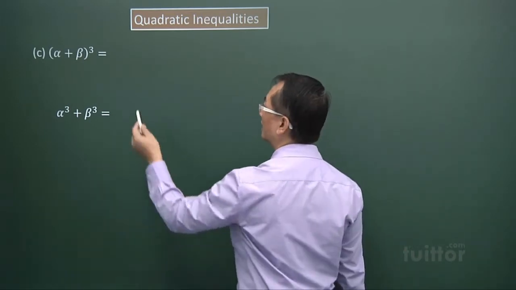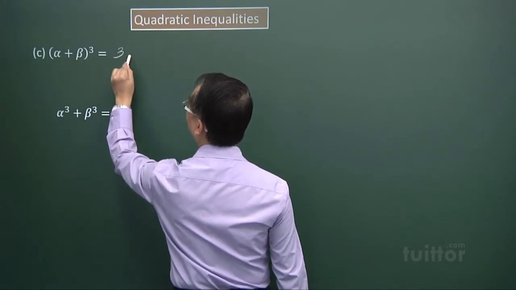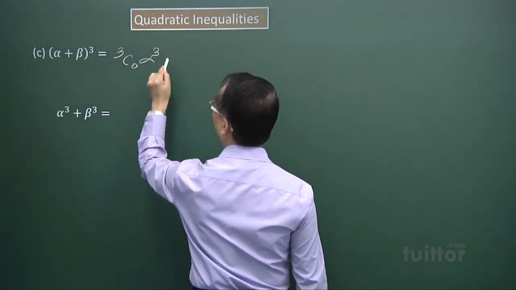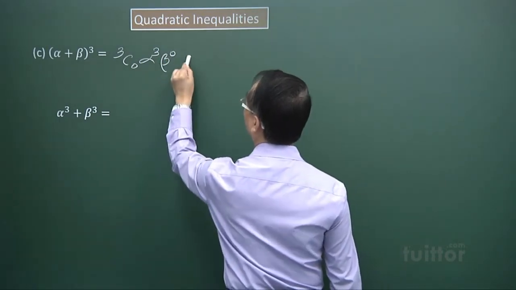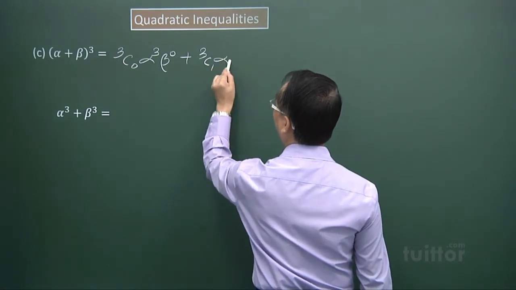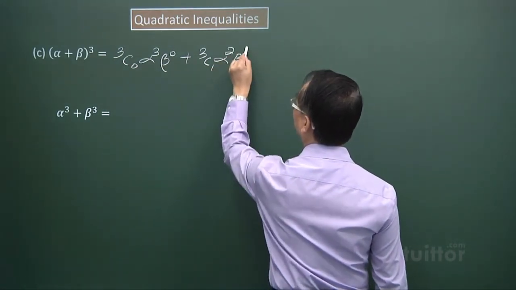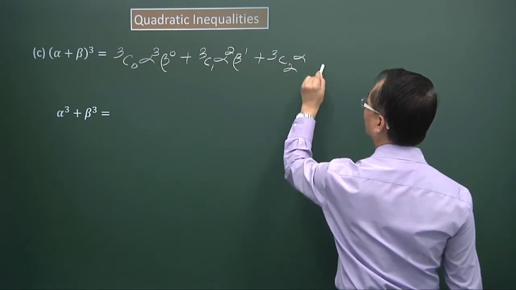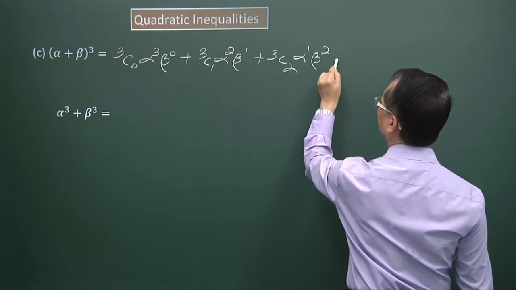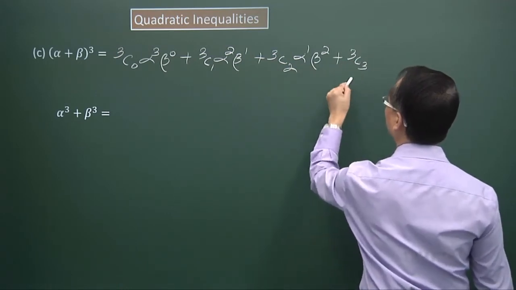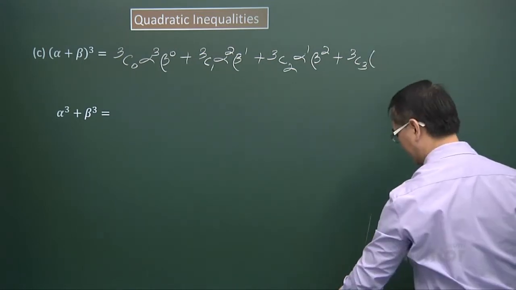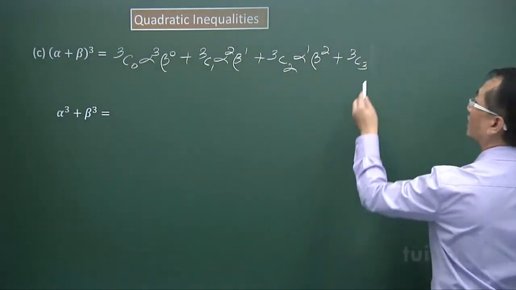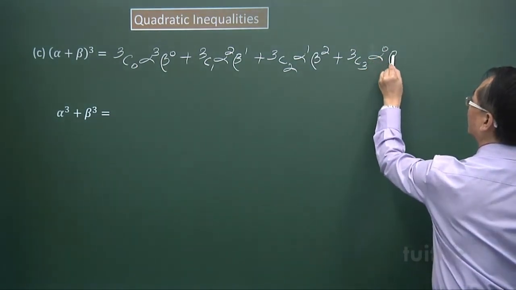So what I have is 3C0 alpha cube beta to the power 0, plus 3C1 alpha to the power 2 beta to the power 1, plus 3C2 alpha to the power 1 beta to the power 2, plus 3C3 alpha to the power 0, beta to the power 3.